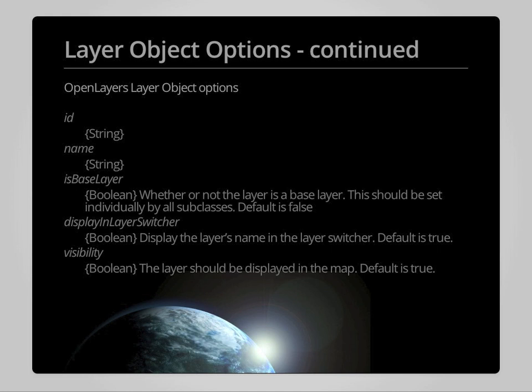It will still be available in the layer switcher and can be turned on in the layer switcher if you allowed it to be displayed. If you have both display in layer switcher set to false and visibility set to false, that particular layer will never be displayed in the map unless you write some other JavaScript that would change one of those two values.